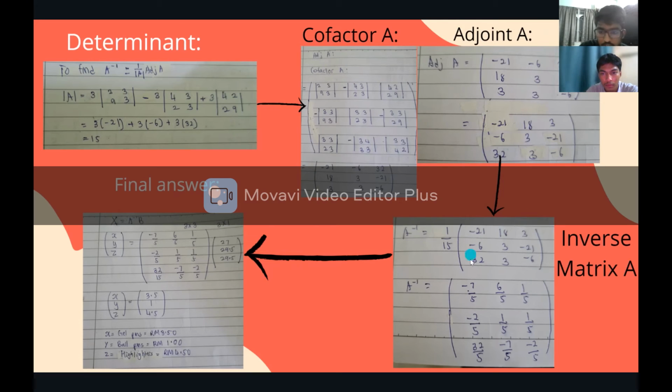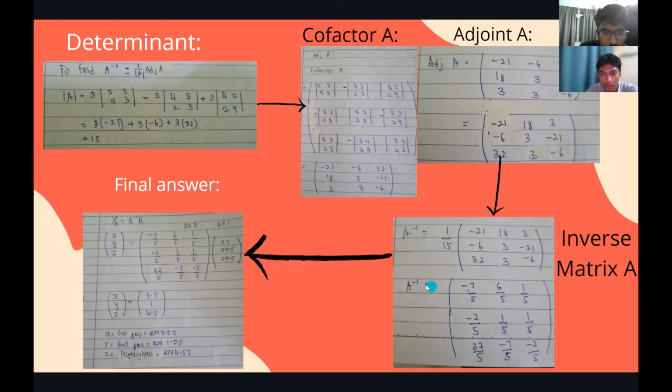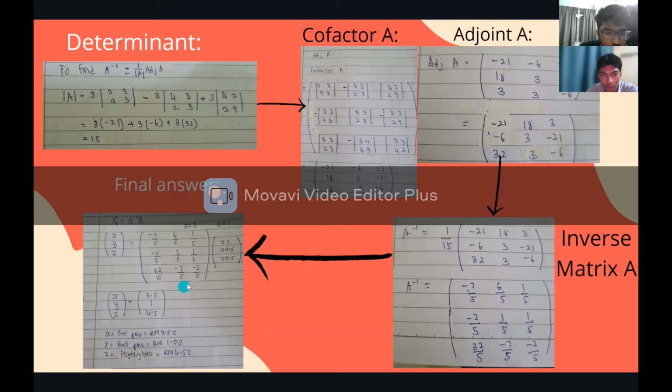Then you use scalar multiplication, where 1 over 15, the determinant, times the adjoint A, and you get the inverse matrix A. At the end, a 3 by 3 matrix times a 3 by 1 matrix gives a 3 by 1 matrix, which is x, y, z.